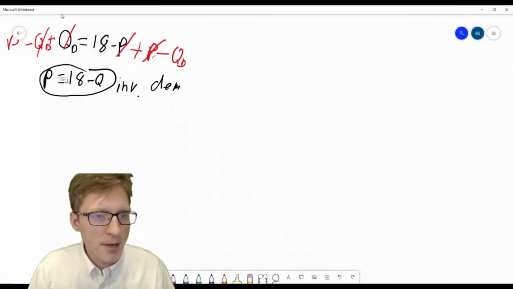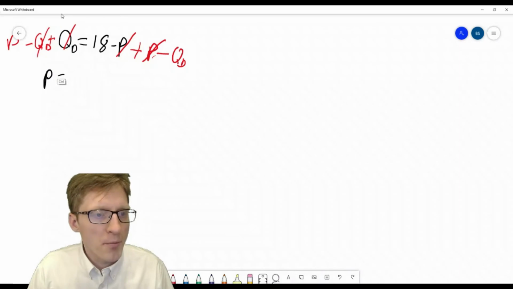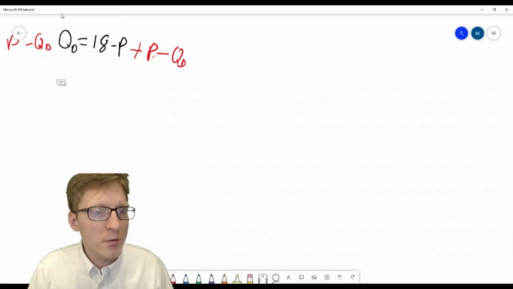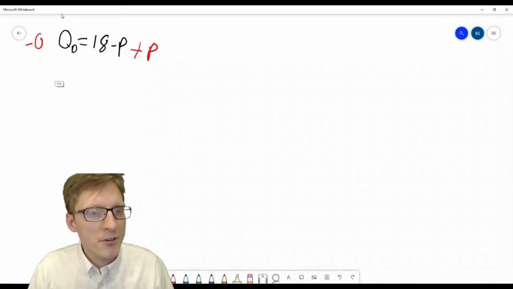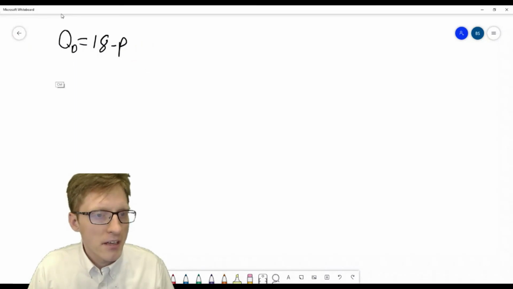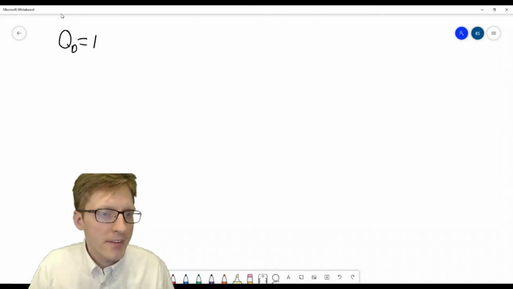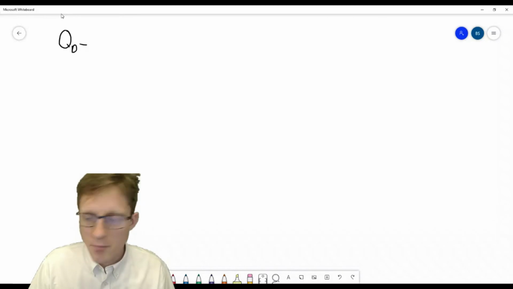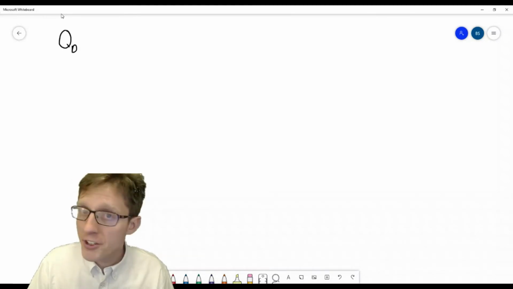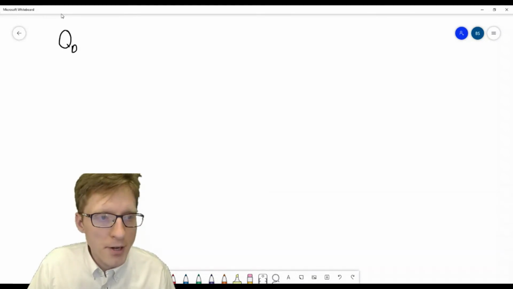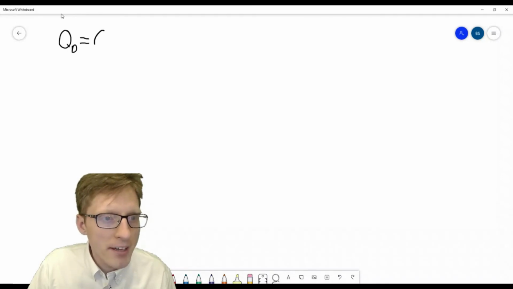So let's take a step back and solve a problem using equations. Let's solve for equilibrium in a partial equilibrium setting using the methods that we usually use. So what would we usually do? To solve for equilibrium, we set the quantity demanded equal to the quantity supplied.